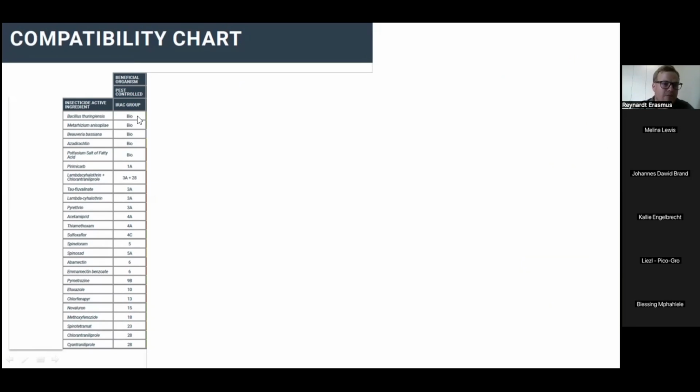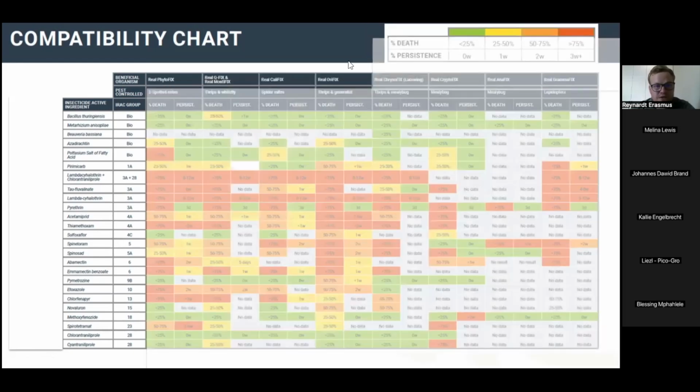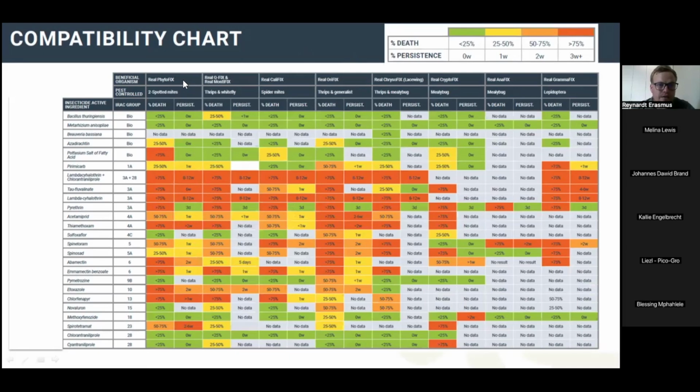But as realIPM, we look deeper into the chemical plant protection products that we use and employ. And we specifically look at the efficacy or the knockdown that we get on our beneficial predators and parasitoids, as well as the residual period that we get from them.